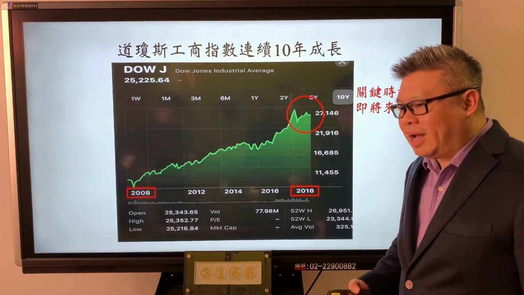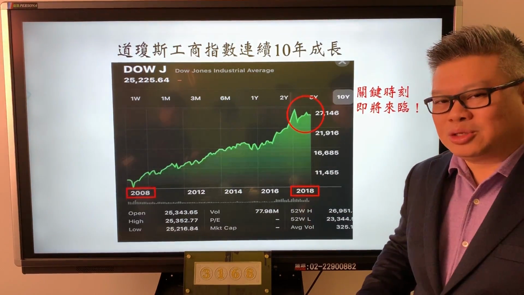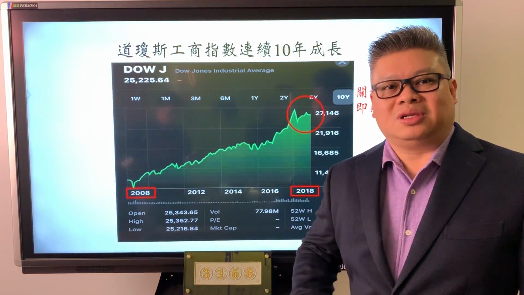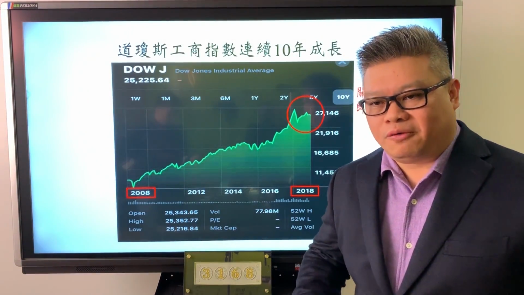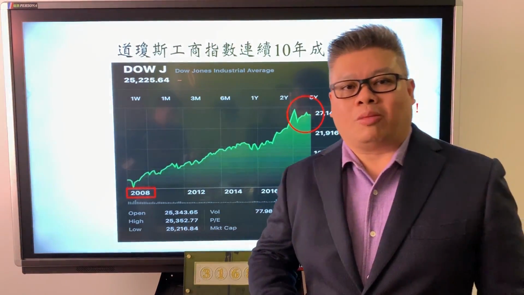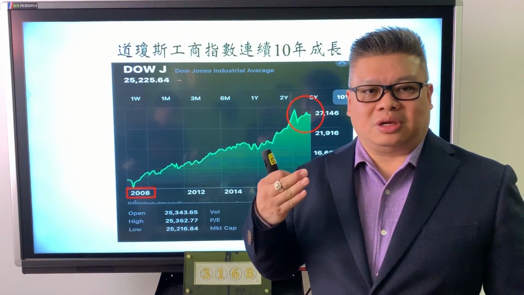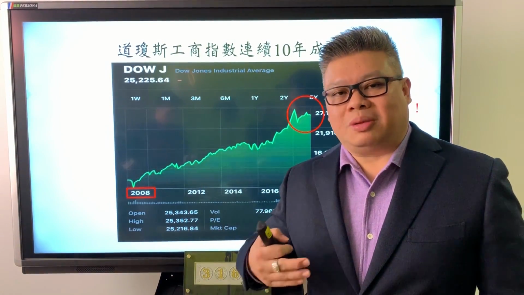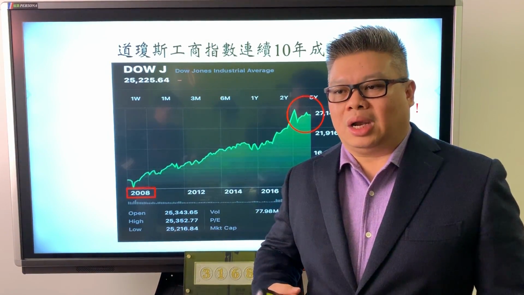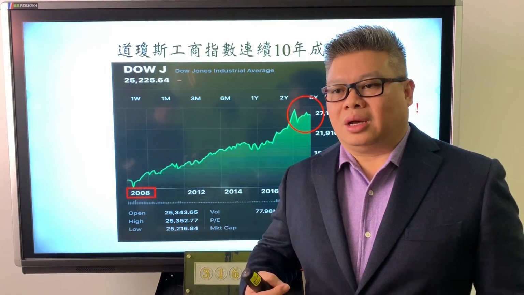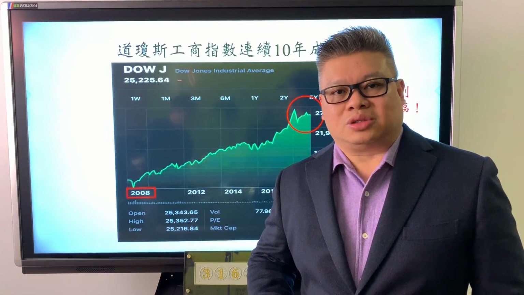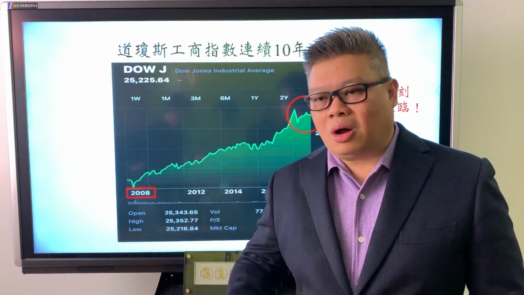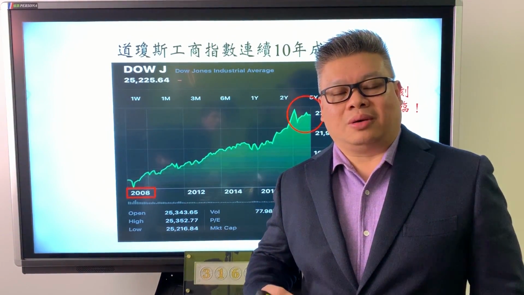So why do I bring up this so-called Dow Jones Index? A lot of people who invest in the stock market know that the Dow Jones is the main index, the benchmark for a lot of the other indices around the world, like the FTSE in the UK, the ASX in Australia, the Hong Kong Stock Exchange, and so on.